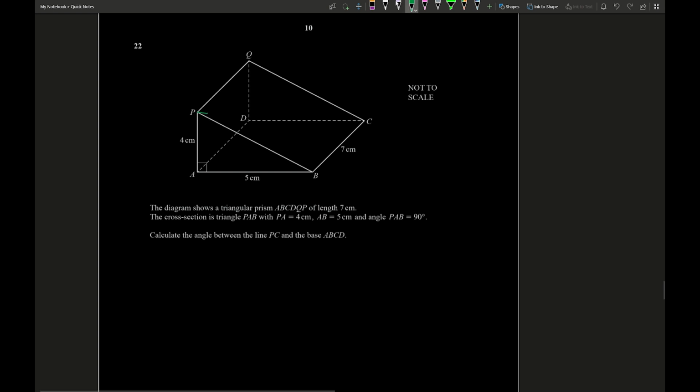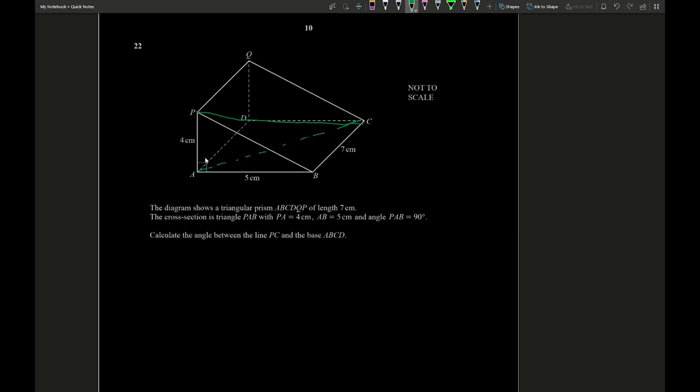Let me use a lighter color to make it more obvious. Right, okay, it's not working. So PC, the angle between PC and the base ABCD, this base right here. So what he means by the angle between PC and ABCD is the angle between this line PC and this diagonal AC.